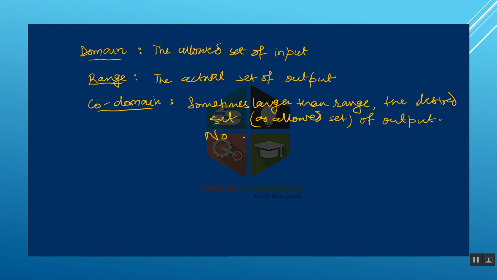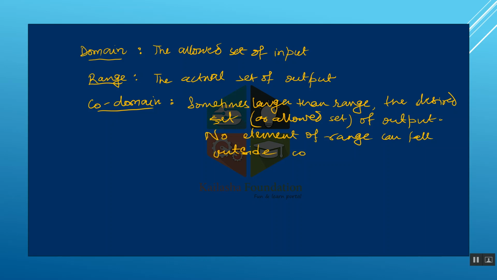No element of range can fall outside codomain. That means if a value belongs to the range of a function, it must belong to the codomain also. Codomain is same as range most of the times. Otherwise, it is bigger than range and it contains the entire range.